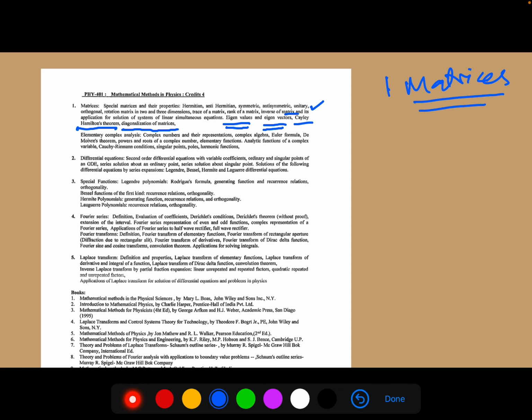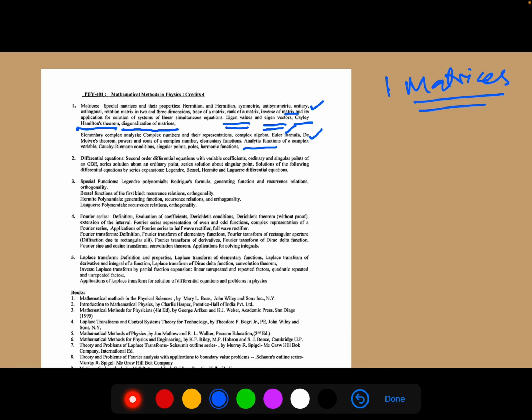Then we are going to discuss the complex analysis, how the complex number behaves, their representation, then complex algebra. Then we are also going to discuss Euler formula, then De Moivre's theorem, powers and roots of a complex number, elementary function, and also how to find whether a complex number or any function is analytic or non-analytic.